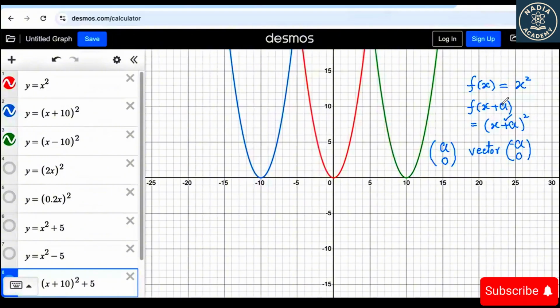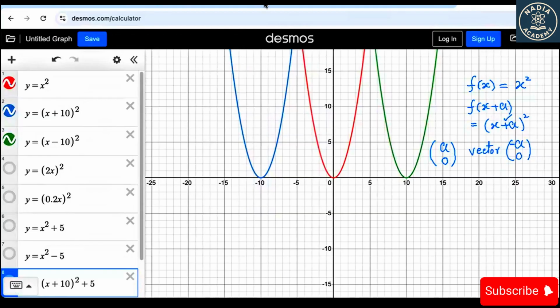If we add, our parabola shifts towards the negative x-axis, meaning the transformation vector is (negative a, 0). And if we take away, it will be (positive a, 0). This is the vector of transformation, meaning our parabola has shifted towards the positive x-axis.